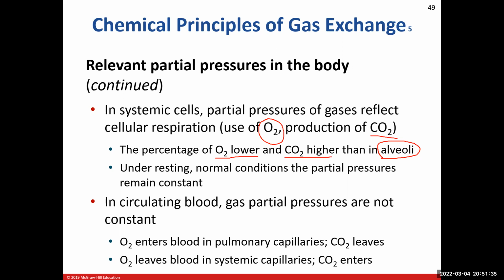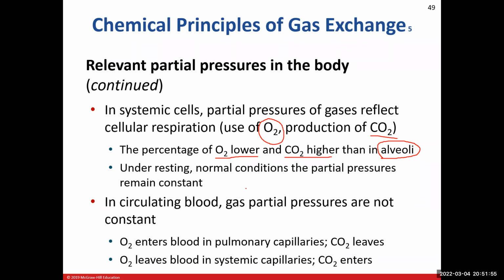So keep that in mind. In the lungs, we have lots of oxygen because we're breathing it in. In the lungs, we usually have a lot less carbon dioxide. But when we get to the systemic cells, that changes. And I'll get into that in a little bit. If you're confused, not to worry. I will take you under my wing. I will guide you.